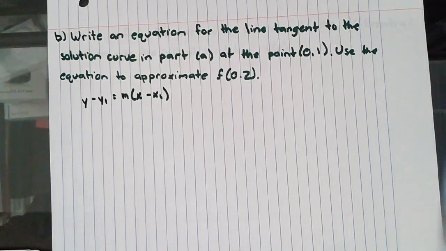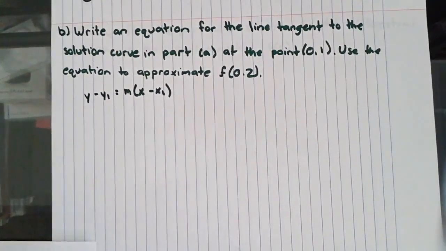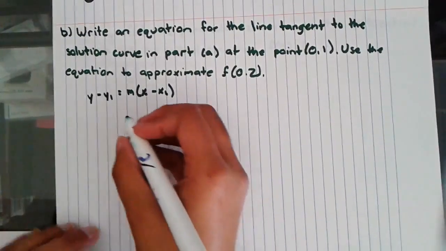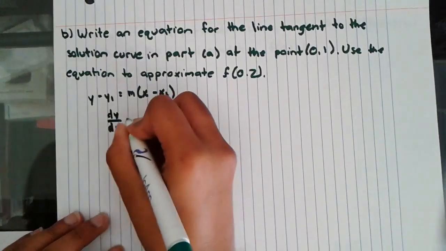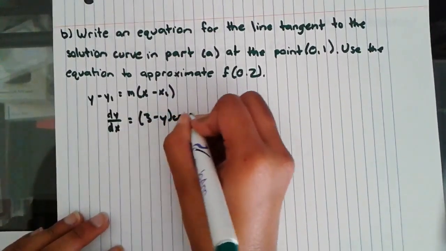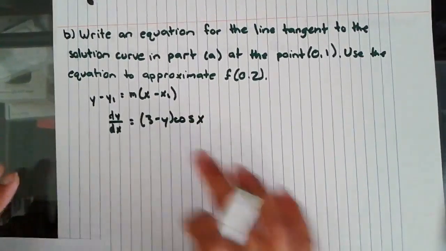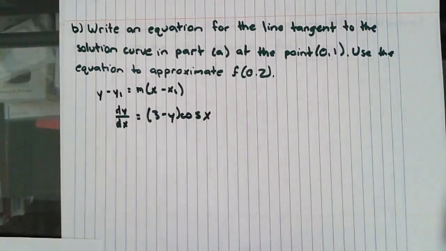So what you would want to do first is find the slope, and since they already give you the slope formula, the differential equation, you have dy/dx equals (3 minus y) cosine x. All you have to do to find the slope is plug in (0, 1).